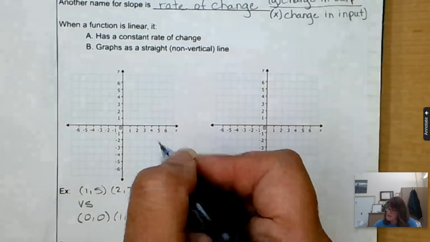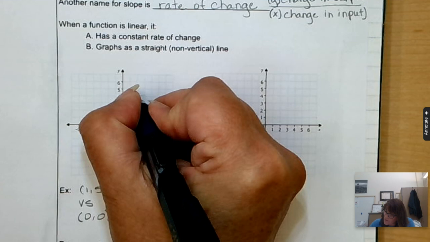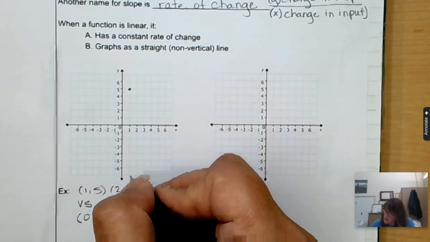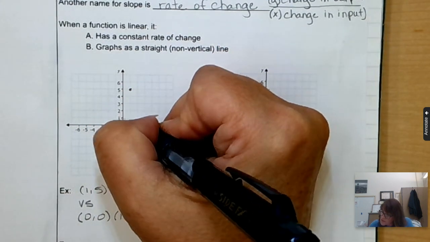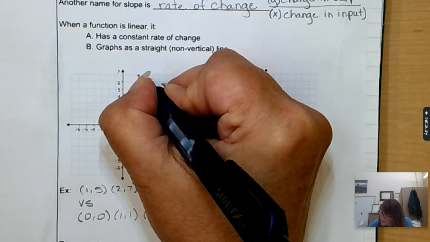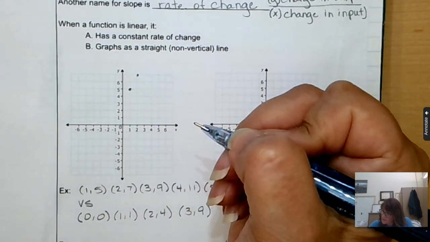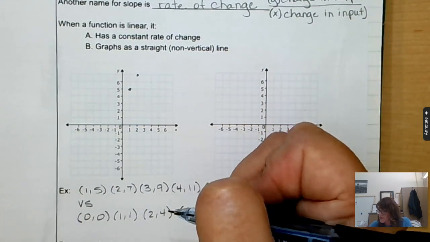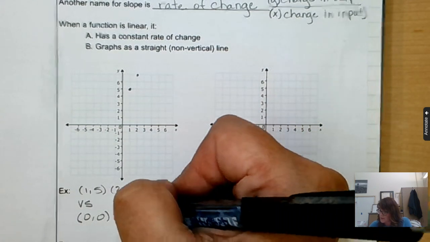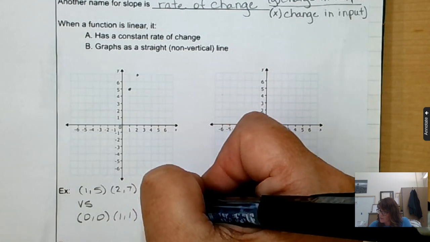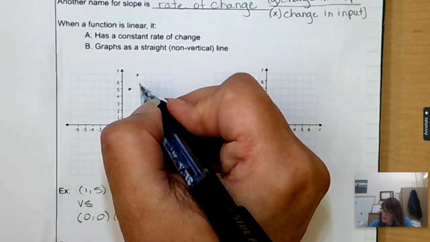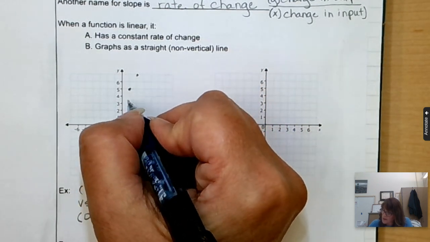Okay. So on this first one, I'm going to graph 1, 5, okay, and 2, 7, which I'm probably going to run out of room for. And I can't keep going with this order, but I know the pattern, so I can keep working with it. Okay.